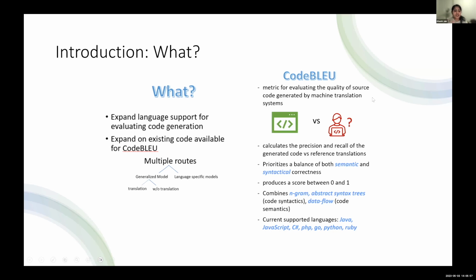In terms of the generalized model, there's translation and no translation. One approach uses translation, where you capitalize on whatever we already have with Java, JavaScript, C Sharp. Whatever new language you have, you translate it to one of those languages that is the most similar to it, and then use the existing code structure to generate the metric.